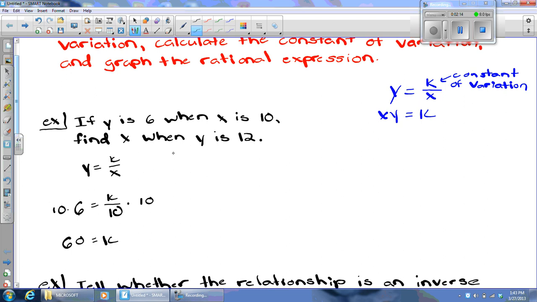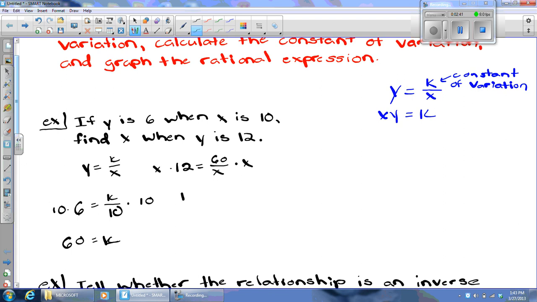Then it says find x when y is 12. Now we know our constant of variation, so we can plug this k in to solve for x. We're going to do 12 equals 60 over x. Multiply by x.